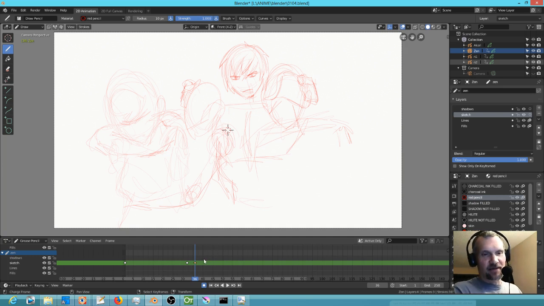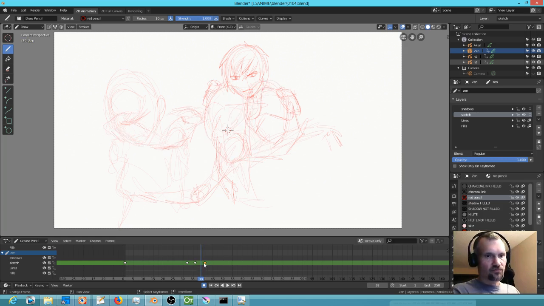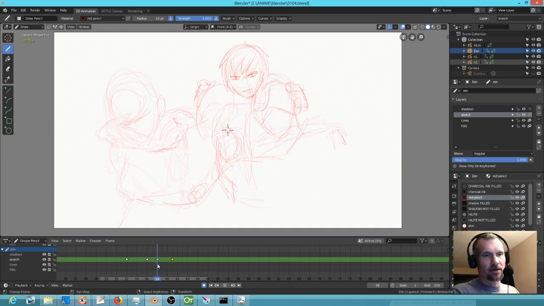Okay, so anyway, what I'm going to do is go here to where his hands come together, duplicate this key, and then probably I should put in a tween there as well. Okay, so now if we go in here, that's on 2s, that's on 3, that's probably okay.